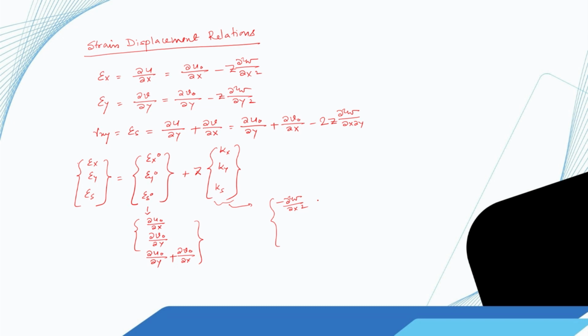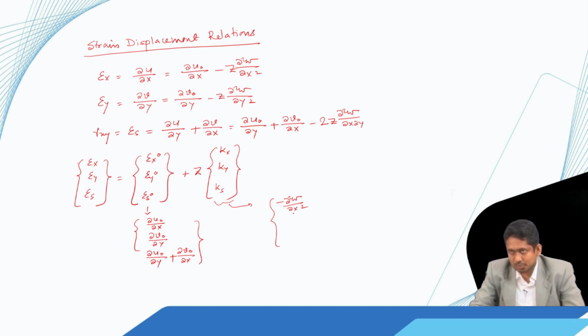So, del 2 w by del x 2 is nothing but curvature, the slope of the slope with respect to x, and then we have minus del 2 w by del y 2, and here we have minus 2 del 2 w by del x del y.